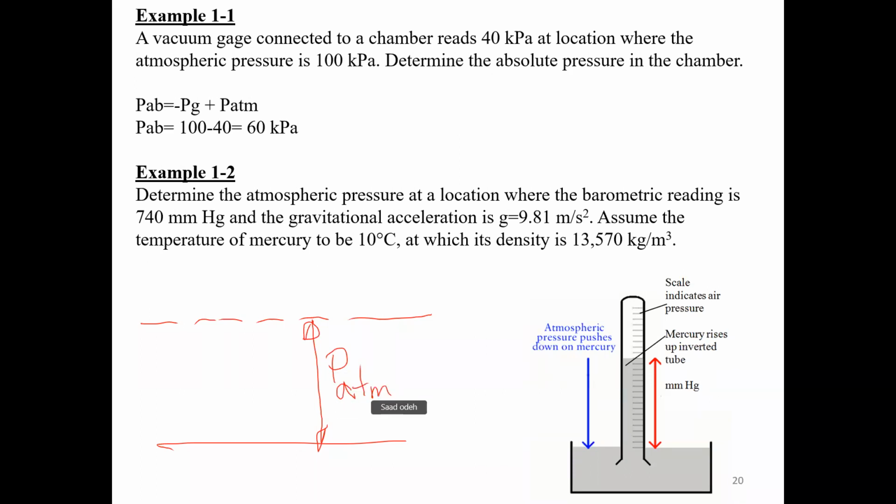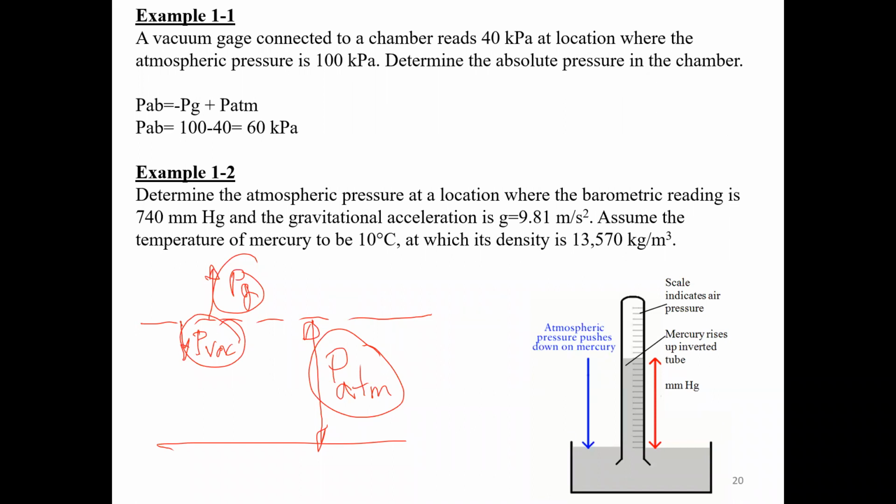Okay, and we said that if the pressure is above atmosphere, then it will be P gauge. If it's below atmosphere, we call it P vacuum. Now to find the absolute pressure, it's always this one plus this, or plus this, depending on the system.